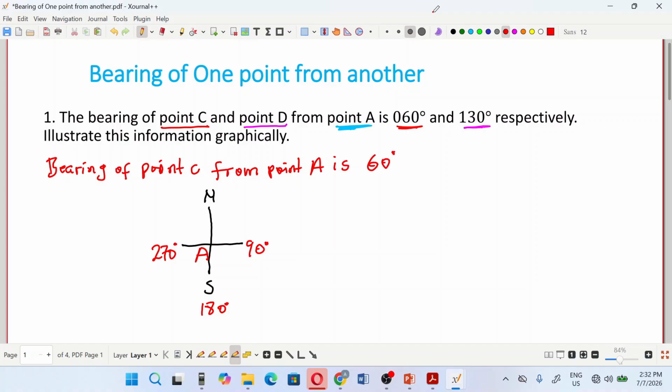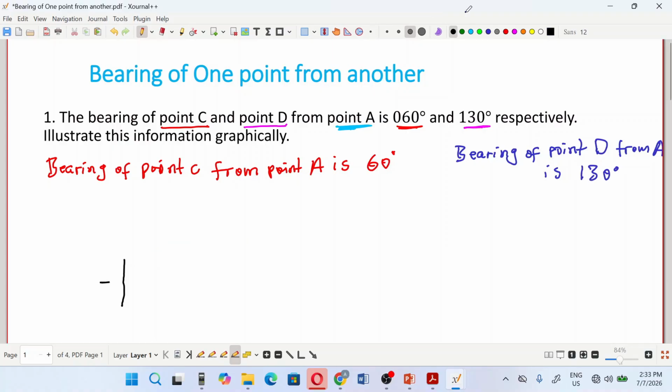And then we have the bearing of point D from point A, so from A is 130 degrees, right guys?